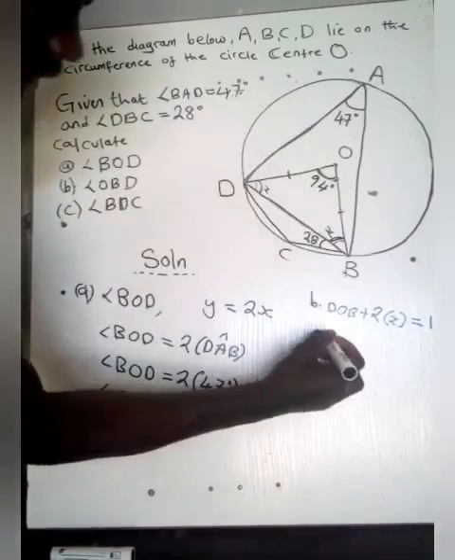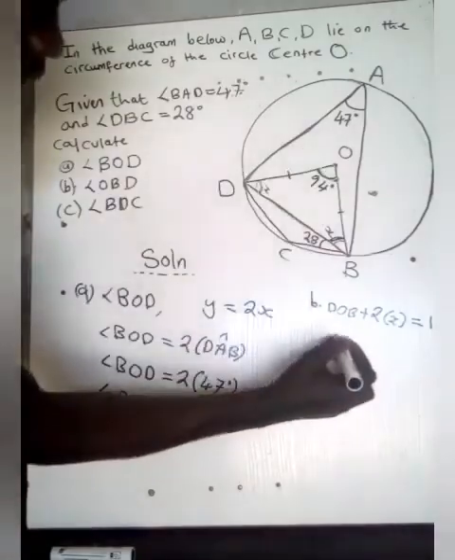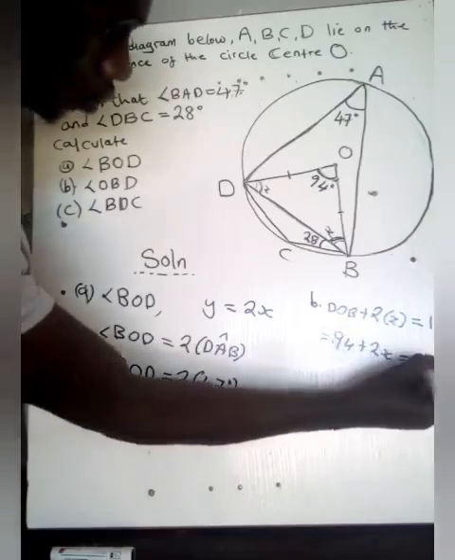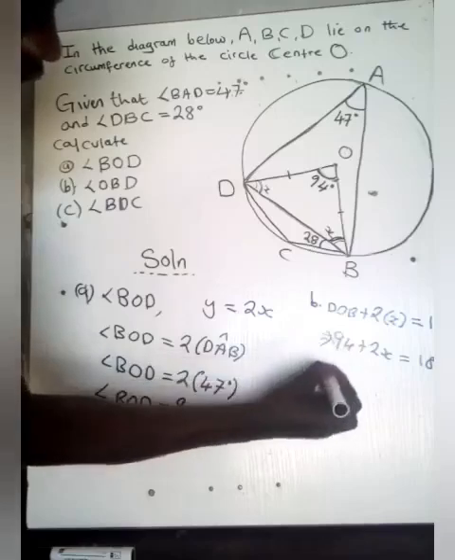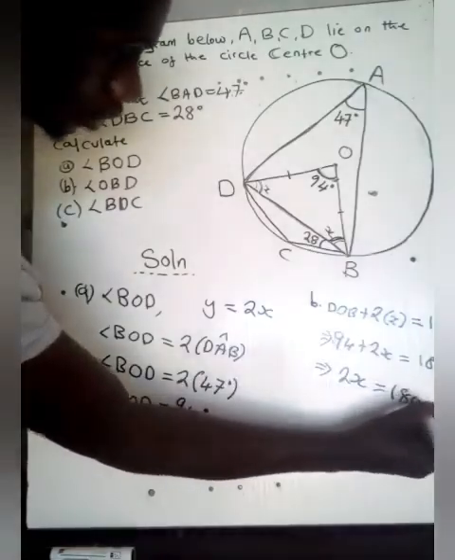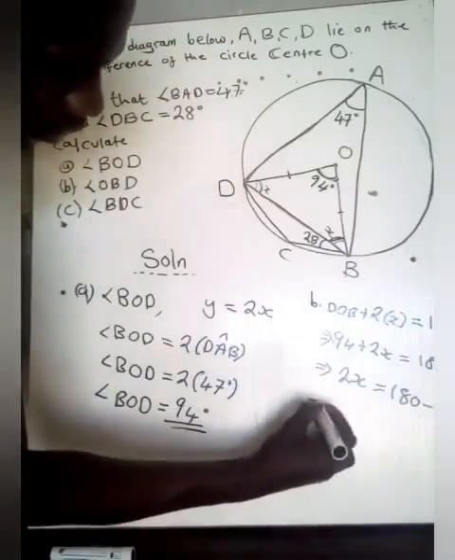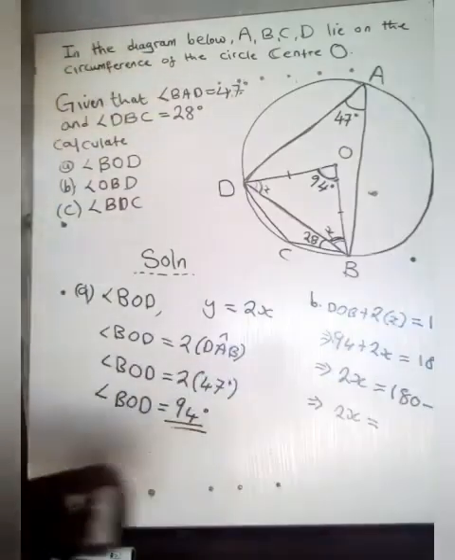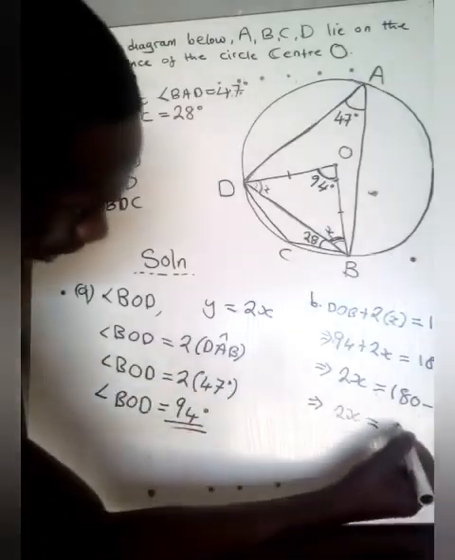So what do I have here? What is my DOB? I have calculated my DOB to be 94, plus 2x is equal to 180 degrees. So 2x is equal to 180 minus 94. Remember, I take the like terms to the other side. When you subtract 180 minus 94, you should get 86.